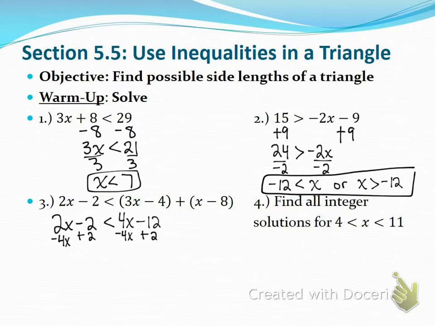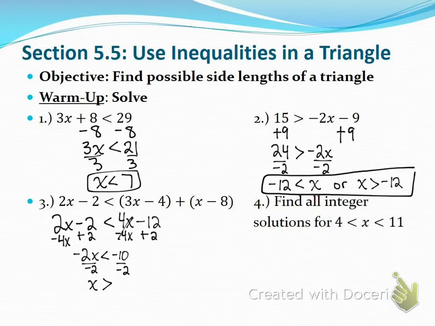So 2x minus 4x, negative 2x. We're not flipping our sign right now because we did not multiply or divide by a negative. We just added and subtracted. On the other side, we would end up with negative 10. Now, last step to solve it. Divide by negative 2. And this time, what has to happen? Sign does need to flip around.